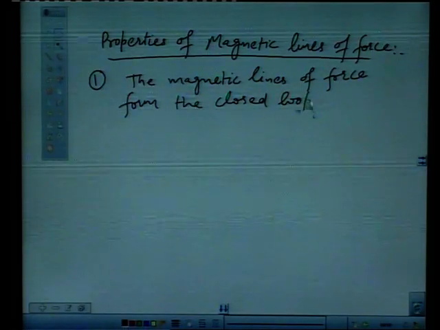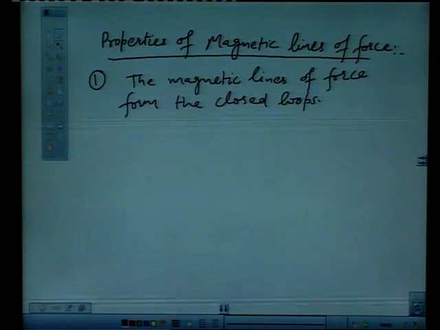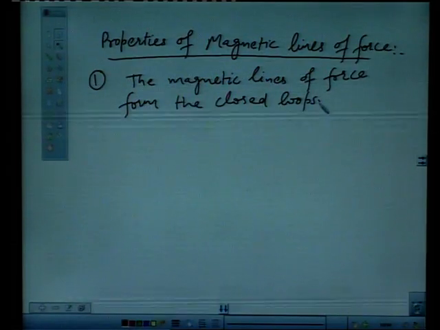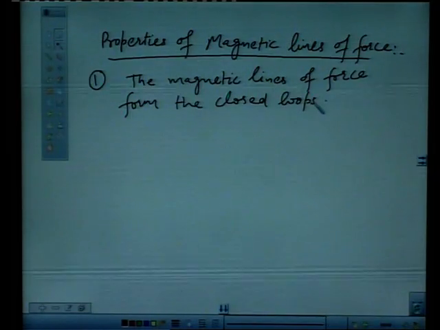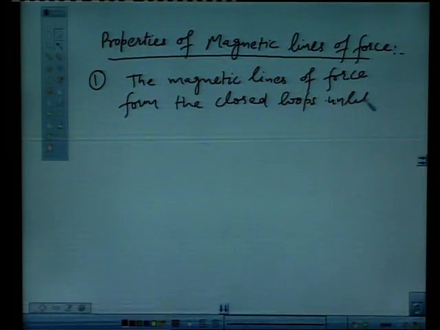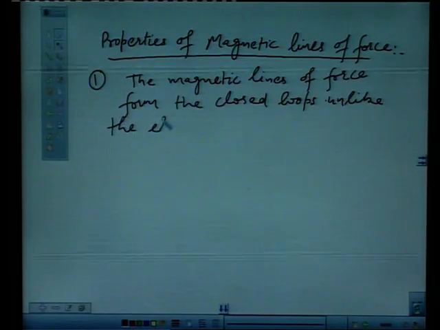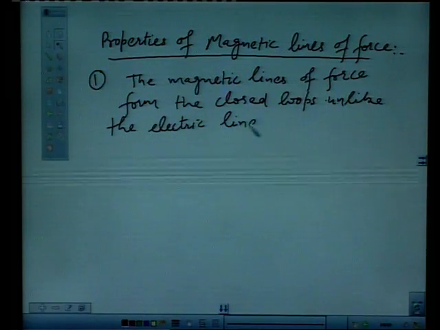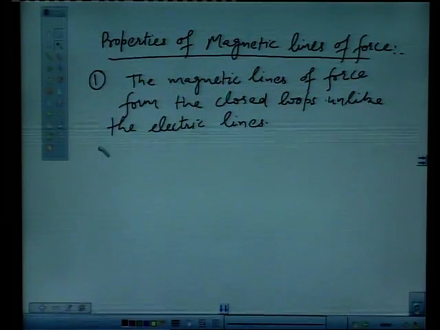As we have discussed now, they originate from north to south pole, move outside, and from south to north pole inside the magnet. So they form closed loops, unlike the electric lines. Electric lines do not form closed loops.